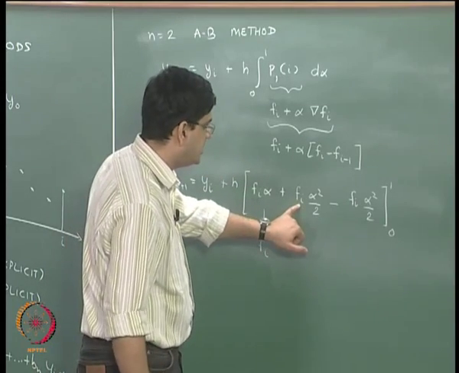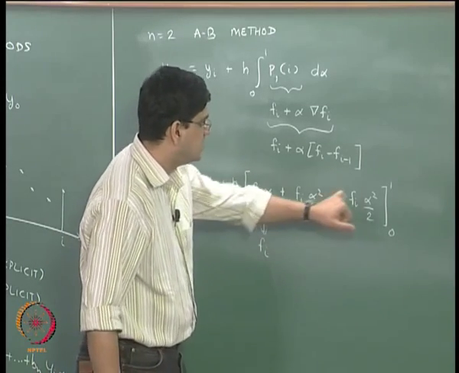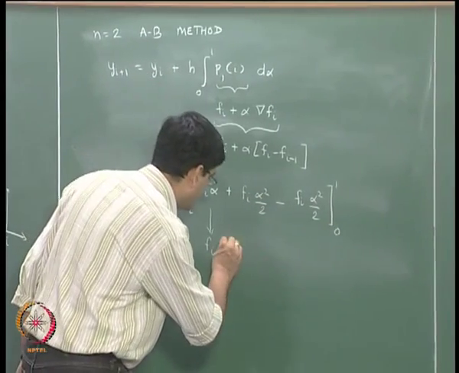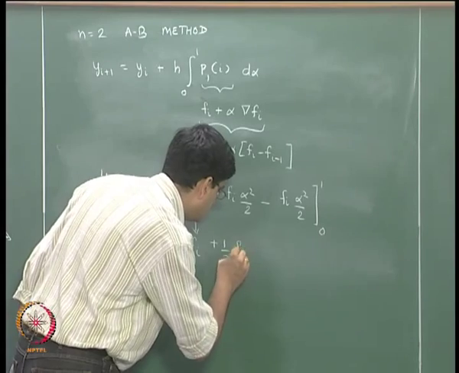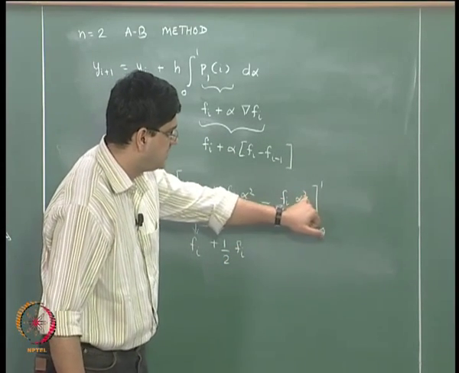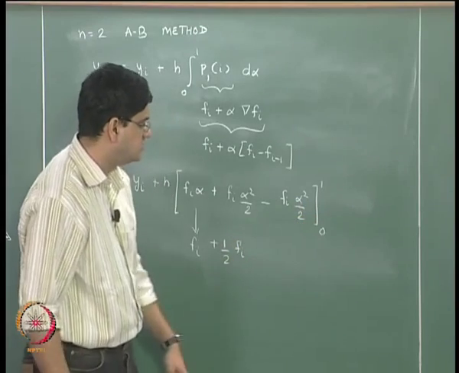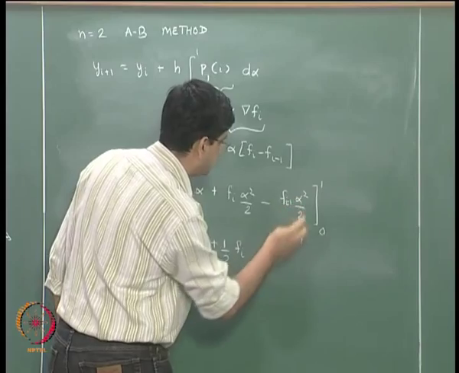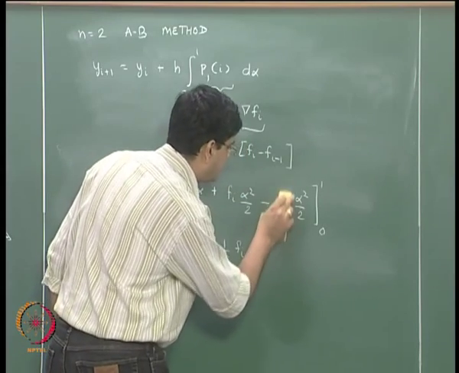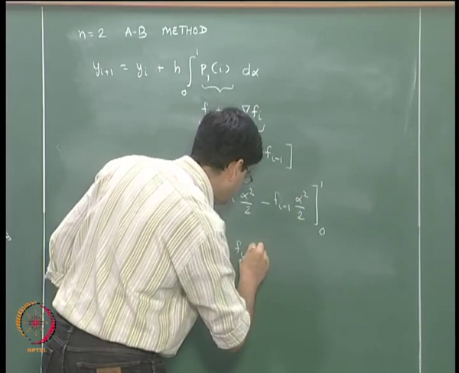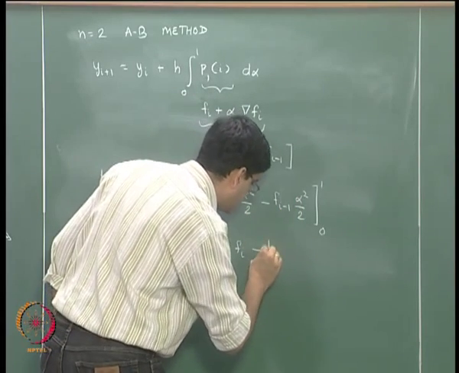This is going to be nothing but Fi multiplied by half minus 0, that is going to be plus half Fi, and this is going to be Fi minus 1 multiplied by 1 by 2 minus 0, that is going to be half, and that is a negative sign over here.